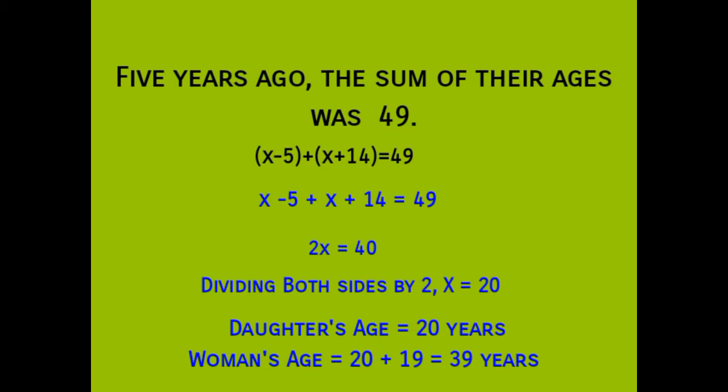So if we sum up those two ages, x minus 5 plus x plus 14 equals 49, and that gives us 2x equals 40. When we divide both sides by 2, x is equal to 20. So her daughter's age, which is x, is 20, and her age, which is x plus 19, becomes 20 plus 19, and that makes it 39.